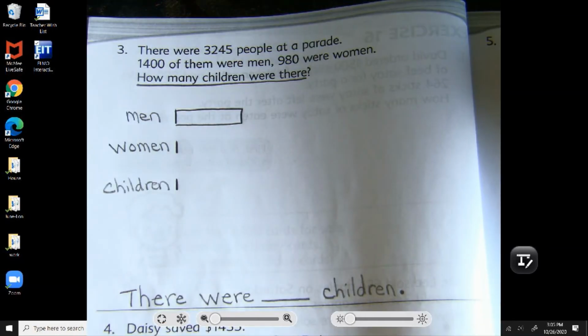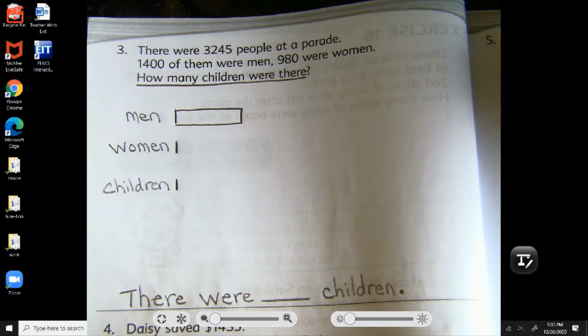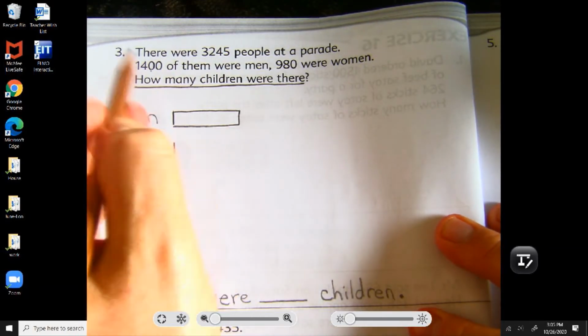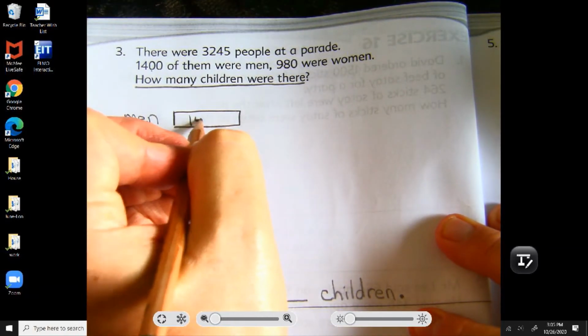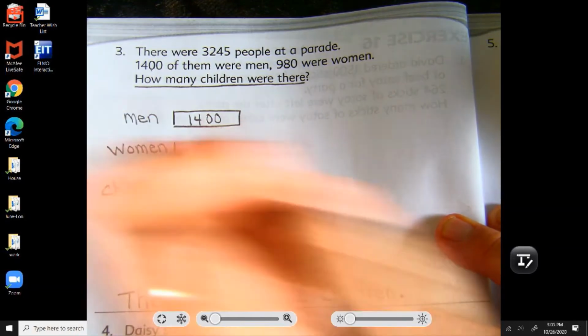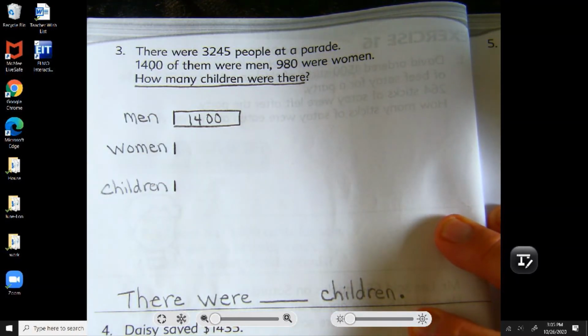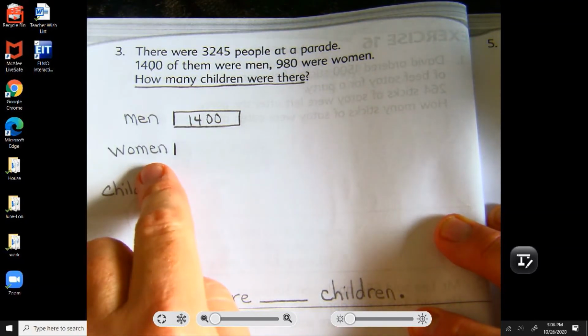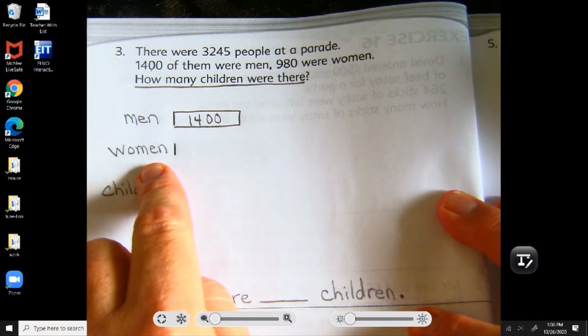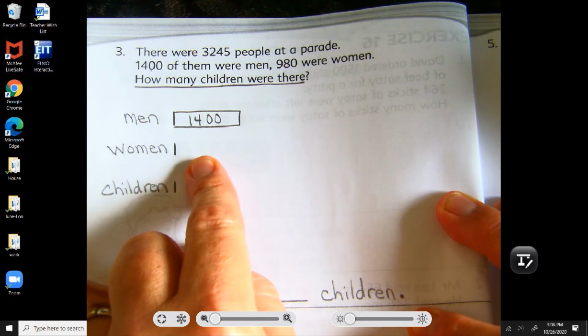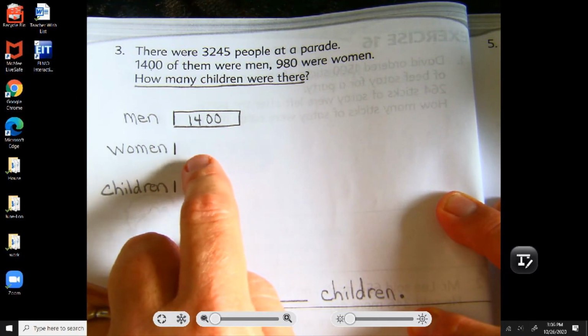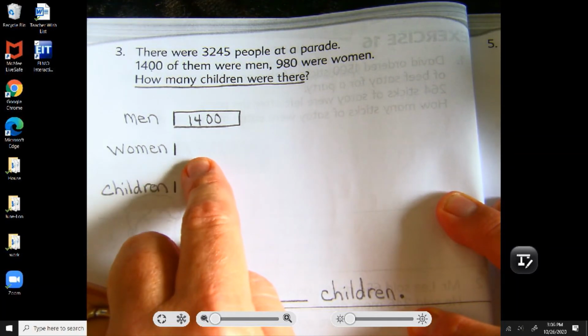Do you know how many men there are? Did you say 1,400? Absolutely. Now, let's go to the unit bar for the women. I want to make my unit bar, but am I going to make it bigger, smaller, or the same?